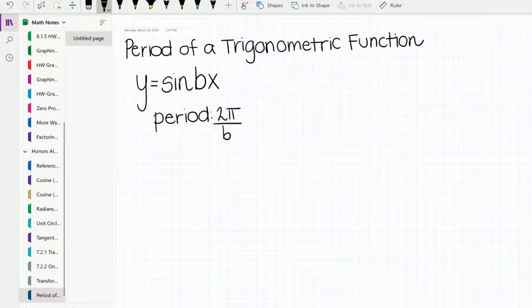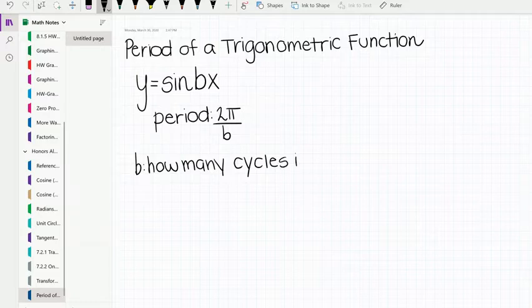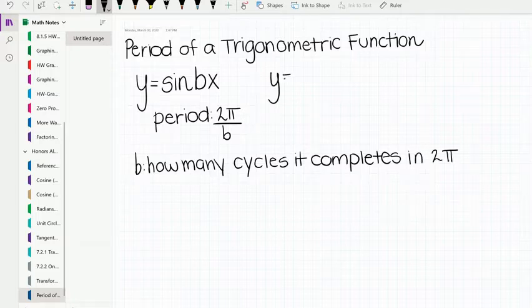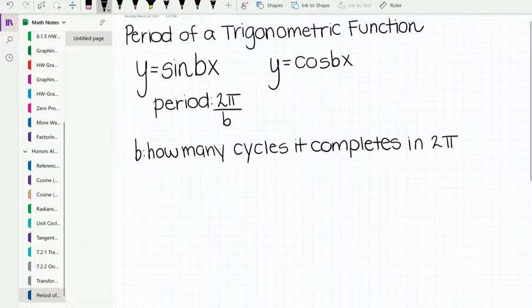And b tells you how many cycles it completes in 2 pi. This is also exactly the same for cosine bx. So we're going to go ahead and look at a few examples.